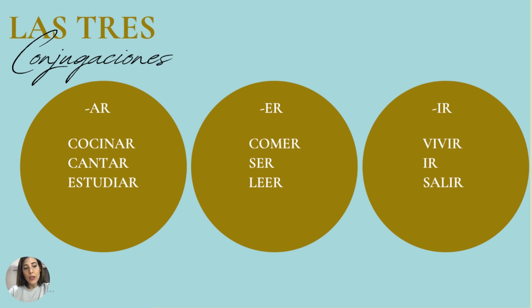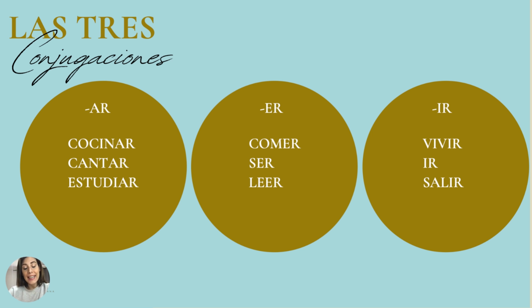Entonces, los verbos infinitivos, remember the infinitives finishing in ar, er, ir. Por ejemplo, cocinar, cantar, estudiar. These are verbs that haven't been modified. Yes, they haven't been conjugated. It's like in English, to watch, to sing. We don't know who. It's just the verb.